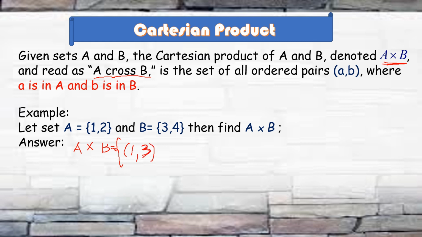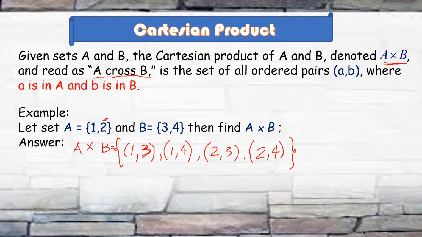So, ito yung unang ordered pairs. And then, 1, 4. In the second element ng A, we have 2, 3, and then 2, 4. Yan. Okay. So, that is how we perform the Cartesian product.